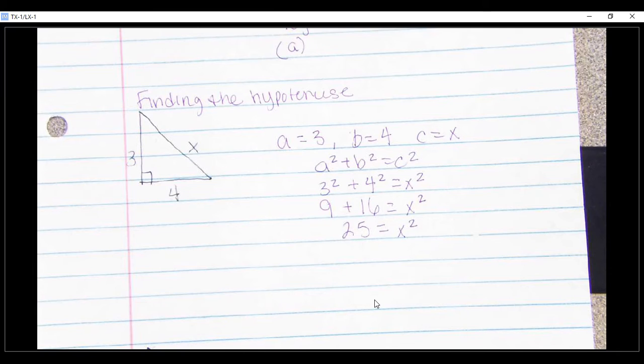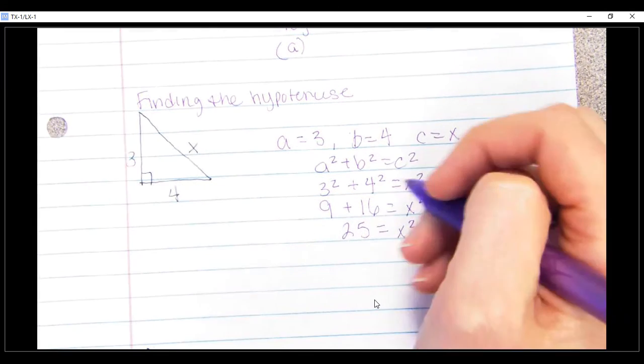We're almost done. One more step to go. So step 5. Now we need to get x by itself. Since we are squaring x, we need to undo this by doing the opposite, which is square rooting both sides. This leaves the x by itself on one side of the equal sign and the answer on the other side.